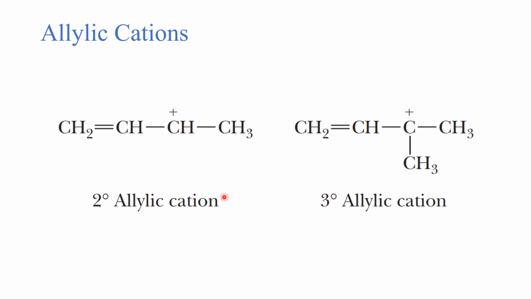And now we can see the example of the secondary allylic cation, where the carbocation carbon is next to the doubly bonded carbon. This is the allylic one. Now, this allylic carbocation is secondary because it is also bonded to another R group. And similarly, we have the tertiary allylic cation.